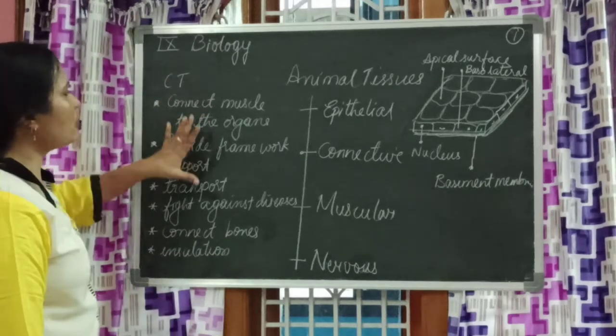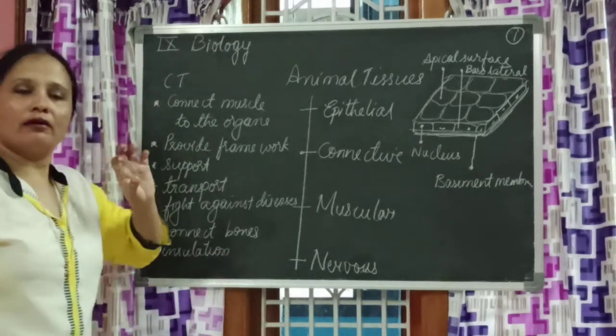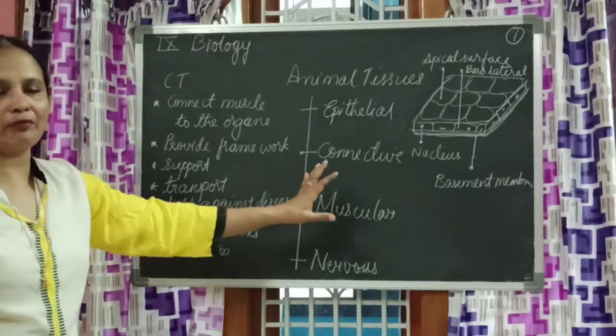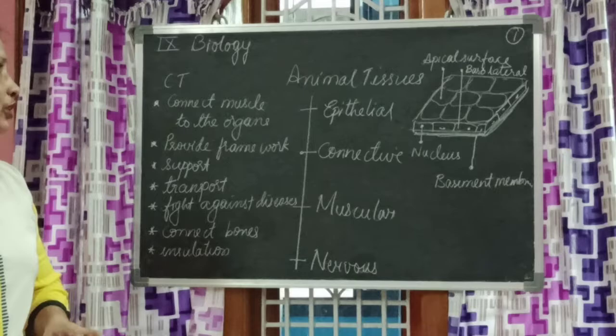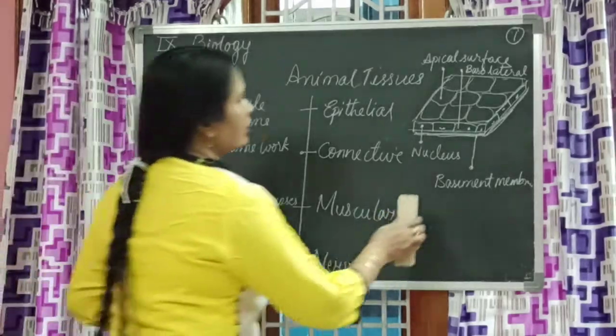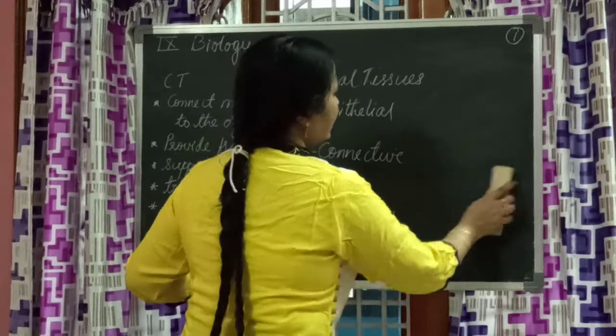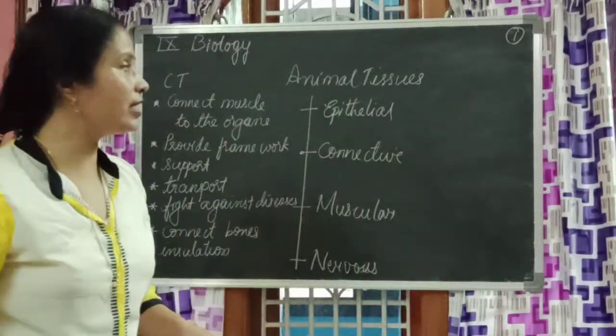So how can you understand that all these works are being done by the connective tissue? Now we will know. Now let us see connective tissue. I will wipe the board here. Connective tissue, how many did I say?